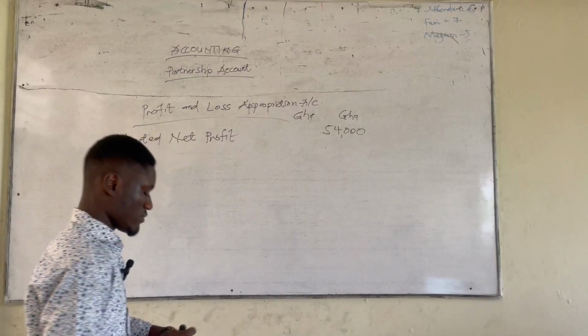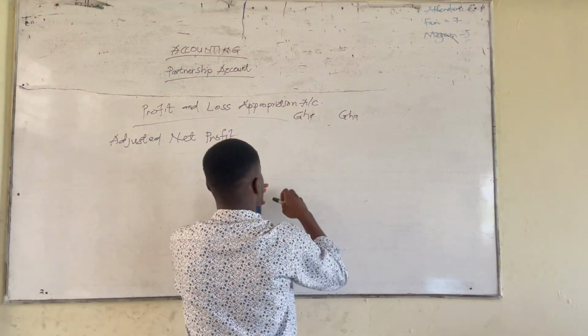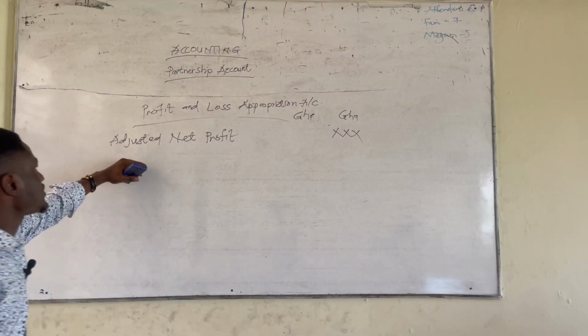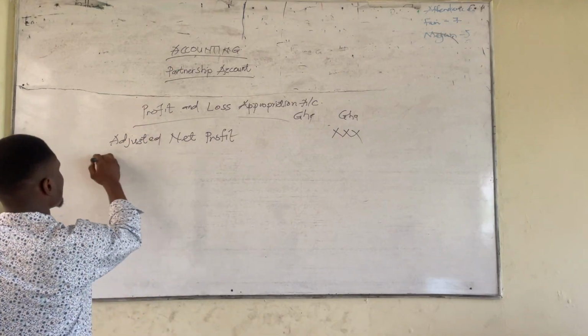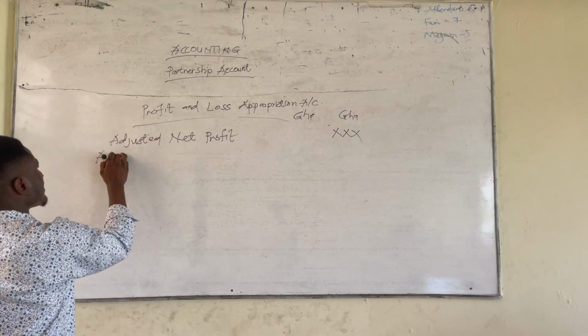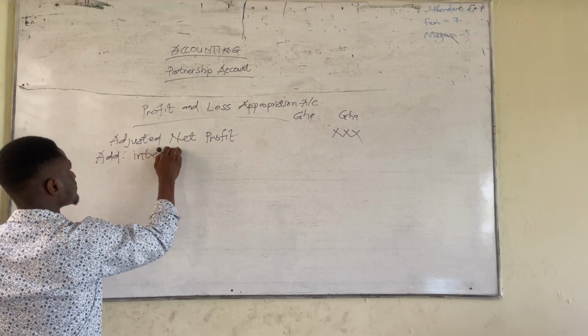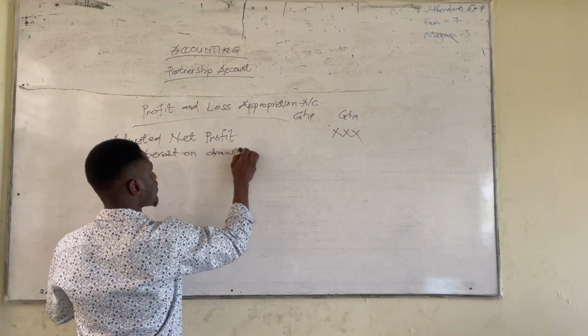Good. If you go to the question, let's start with this. So if you check the typical format for profit and loss appropriation account, after getting your adjusted net profit, you add interest on drawings.